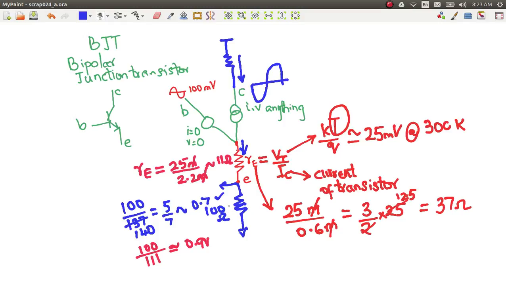And in both cases this was 100 ohms and this was a 1 kilo ohm. So what I expect to get is that I supplied 100 millivolt, I got 70 millivolt here, so I should get 700 millivolts here in the first case, and the second case, this is a gain, and this is being multiplied by 100 millivolts or 0.1 volt.